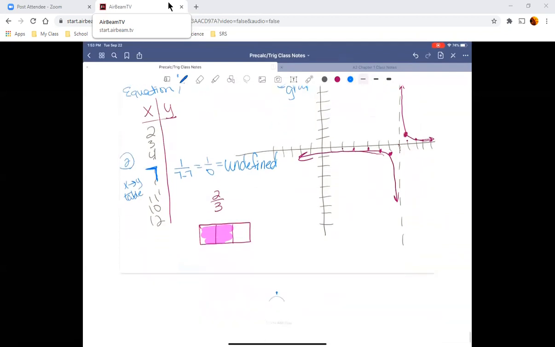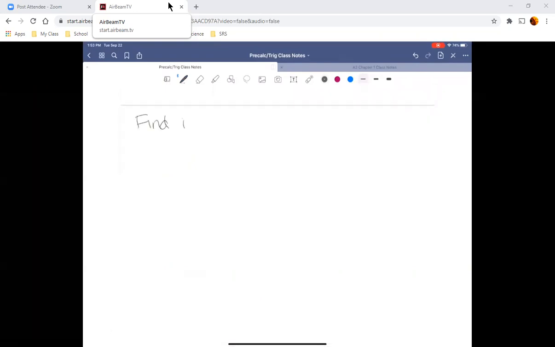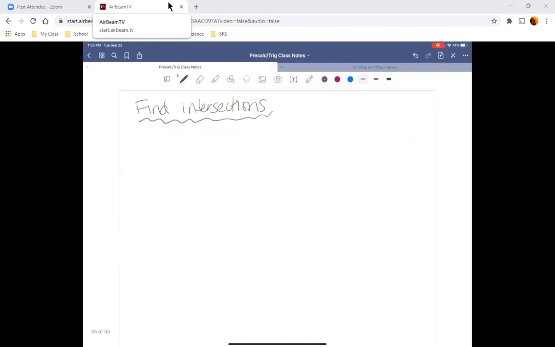All right, so I have another one for you. Last week we were talking about finding intersections, and it even showed up on your quiz. It was easy? It can be easy, right?